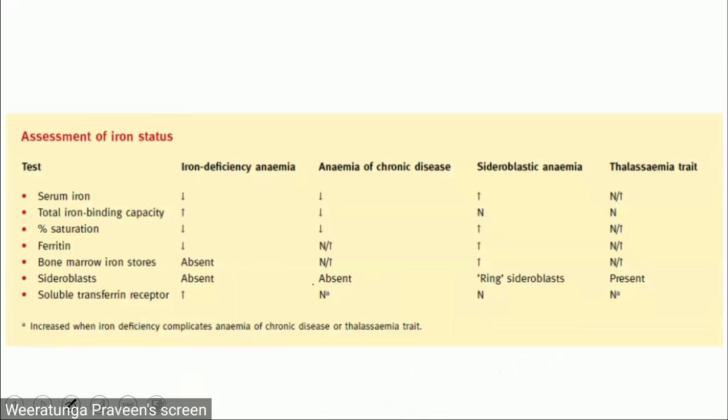Now, what happens with the ferritin in anemia of chronic disease? This is where it goes up. There are 2 reasons for it to go up. One is that because of the inflammation itself, the ferritin can go up.